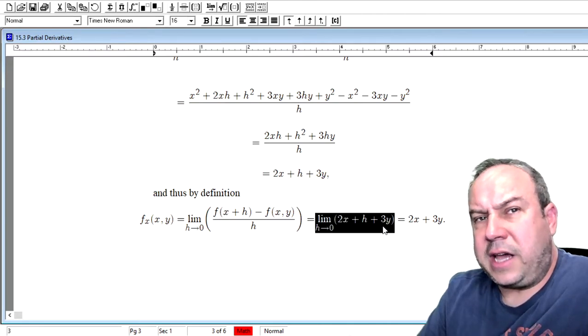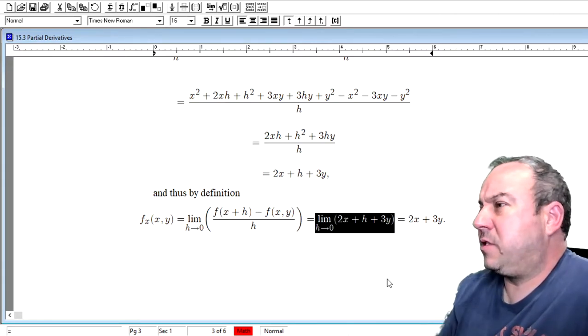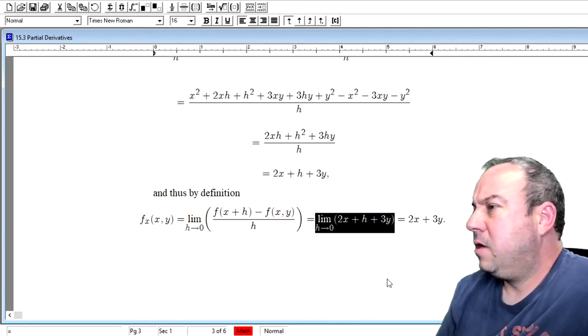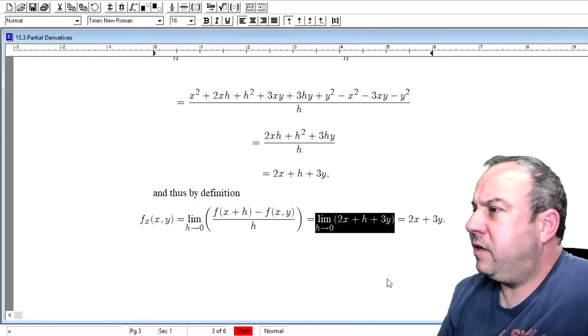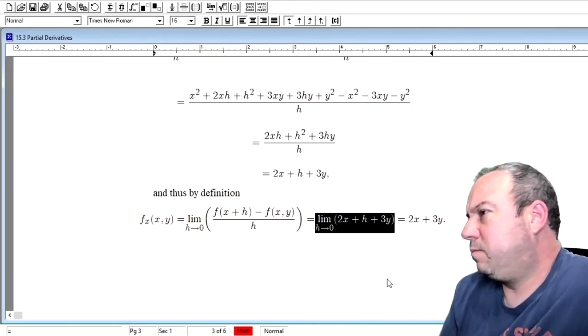The limit as h heads to 0 of 2x plus h plus 3y is only interested in the value of h changing. 2x and 3y are constant in value.